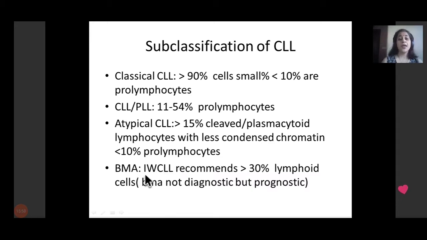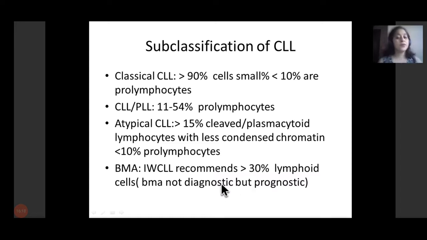Then on the bone marrow aspirate, as per the International Working Group on CLL recommendation, these lymphoid cells should be more than 30% of the cells, but it is not diagnostic, it can be used for prognostication.